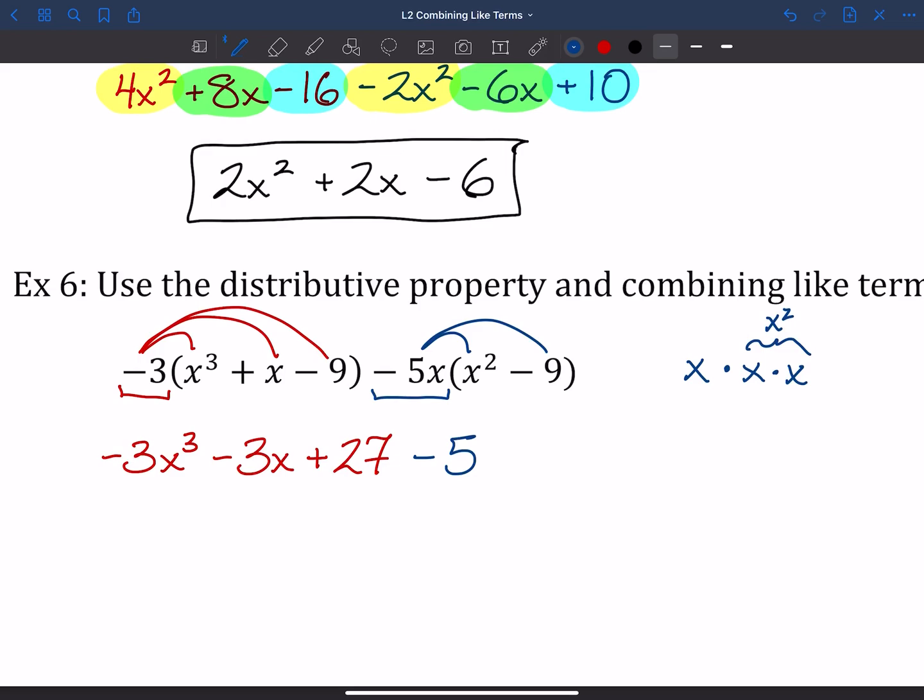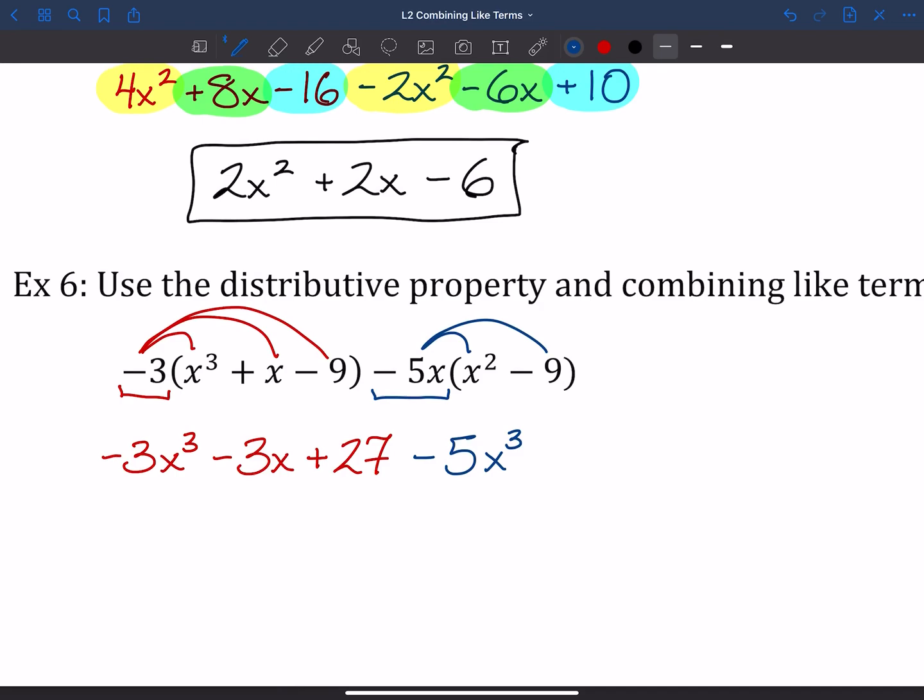That's what that x times x was. So if 2 x's multiplied gives me x squared, then it should hopefully make sense that 3 x's multiplied together gives me x to the third. So we're just kind of ticking up that variable by 1 because we're now multiplying by an extra x. All right, so we'll get 5x to the third there.